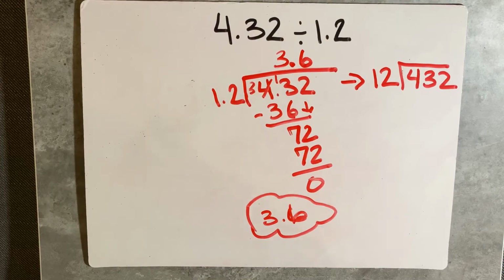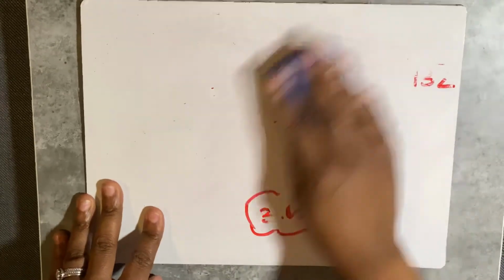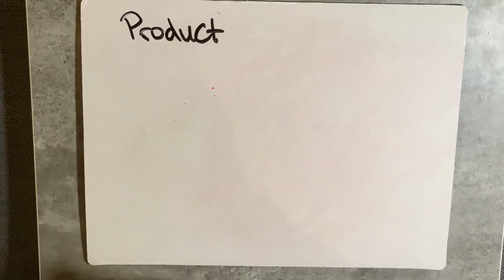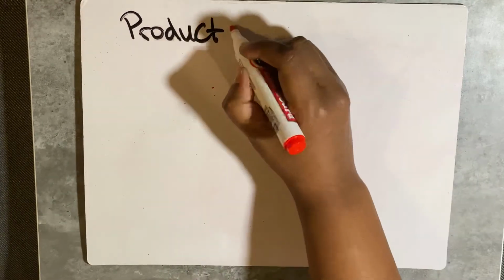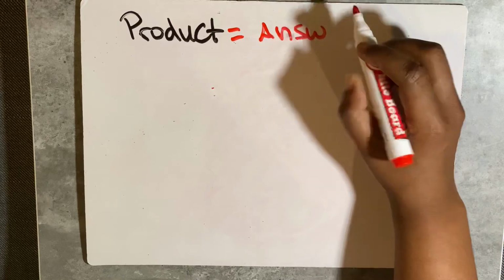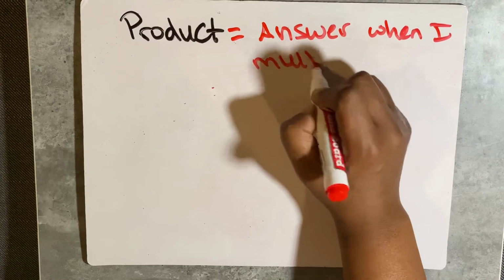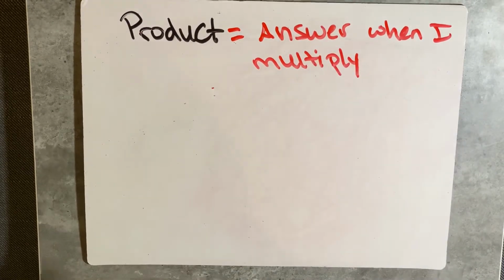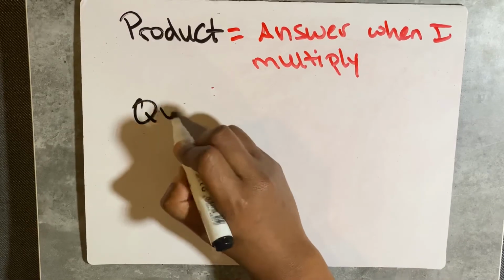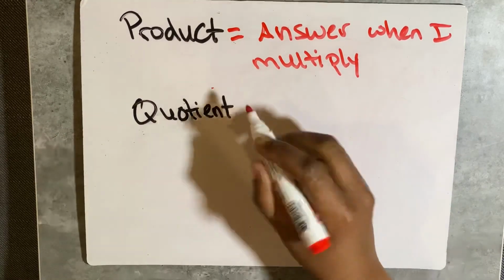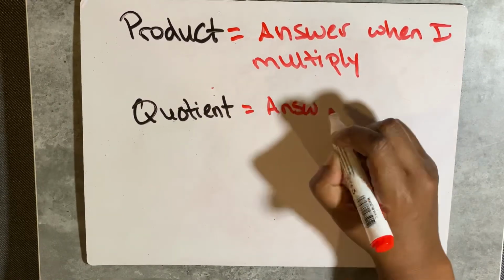When we talk about the word product and we talk about the word quotient, a product is your answer from multiplying. So when I speak of the word product, this is my answer when I multiply. And when I speak of a quotient, that is my answer when I divide.